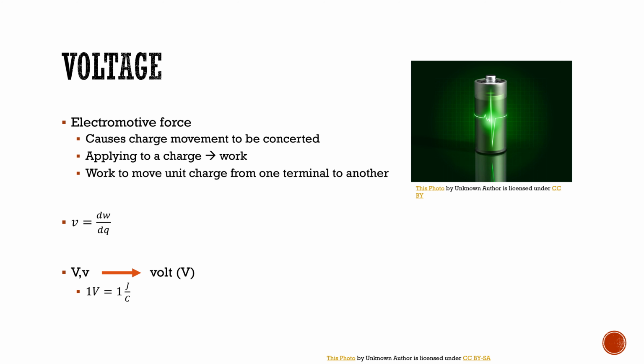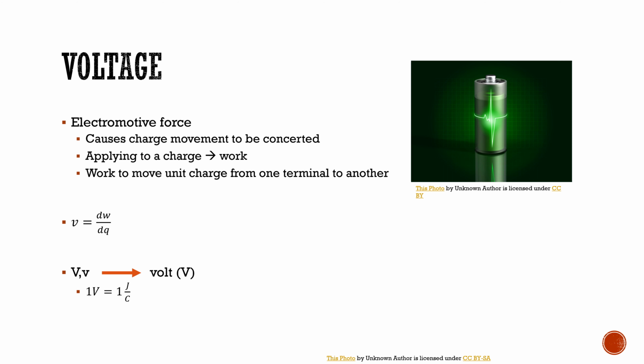The SI unit of voltage is the volt, named in honor of the Italian physicist Alessandro Giuseppe Antonio Anastasio Volta. So, 1 volt is equal to 1 joule per coulomb. A battery with a voltage of 1.5 volts does 1.5 joules of work on every coulomb of charge that passes through it.